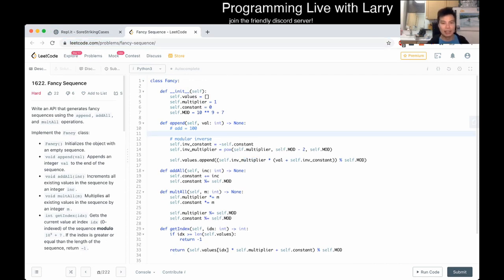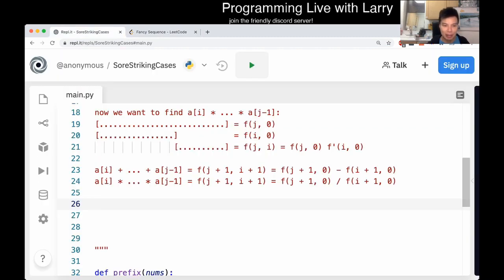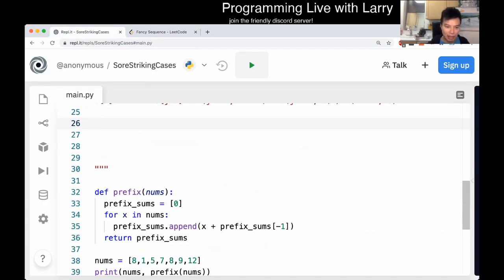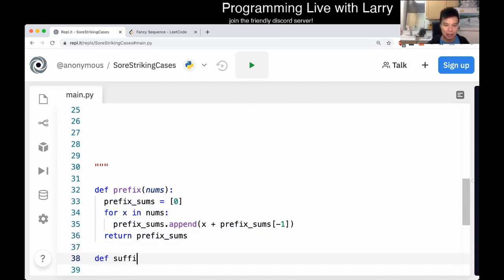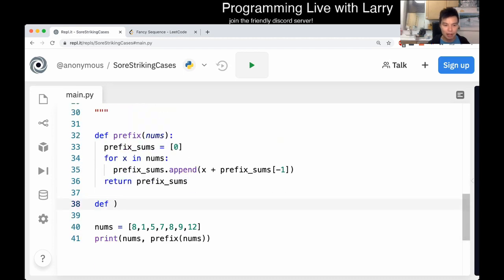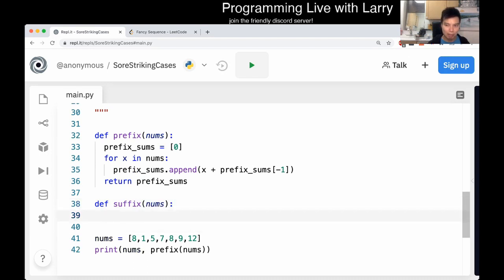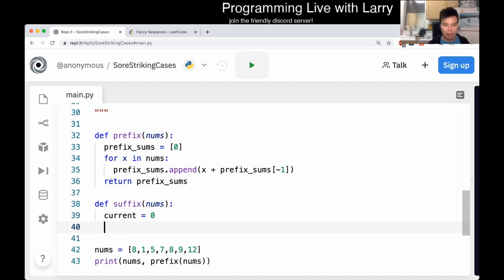Basically, what we're doing here is that we have prefix sum, and we wrote it like this, but another way to write prefix sum or suffix sum maybe is, let's say the current count is equal to 0, for x in nums.